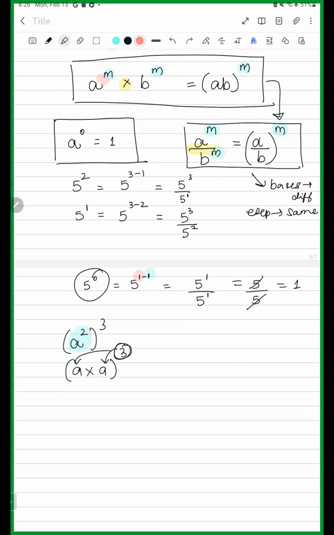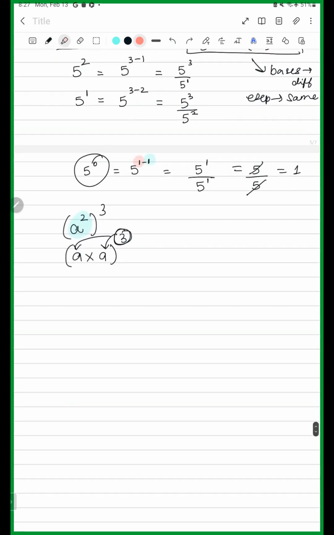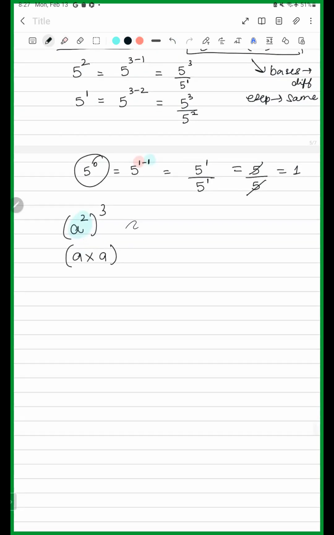ठीक है? कि if you have one common power और बीच में दो चीजें मल्टीप्लाई हो रही हैं, so what is happening? This power will get distributed to both of them, है ना? So here the power will get distributed. So this is what a cube into a cube. What is a cube into a cube?